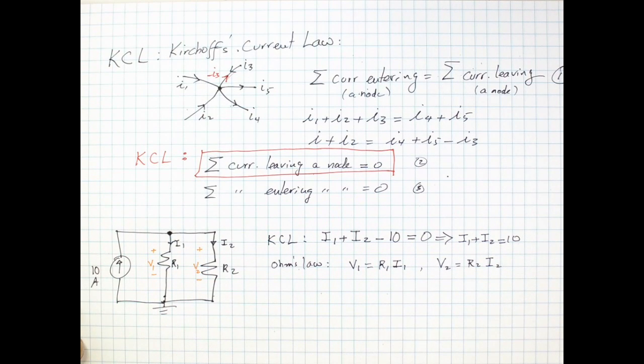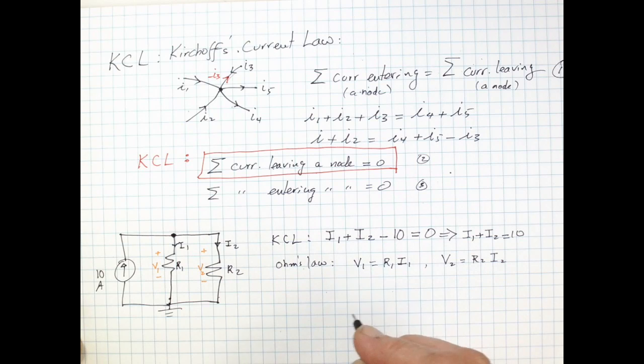Now, notice that this node is shared between these two resistors, and this node is also shared between these two resistors. When two components are connected at both nodes, we say those elements are in parallel with each other.